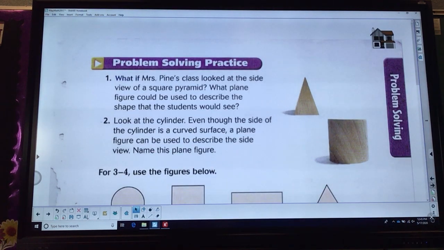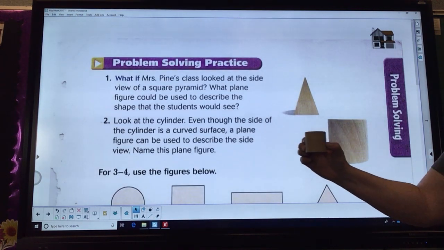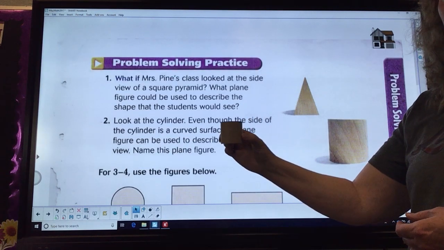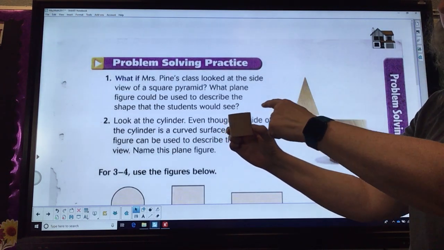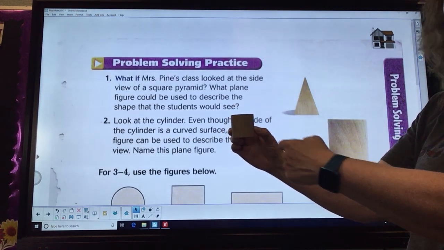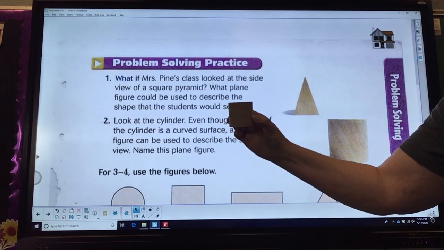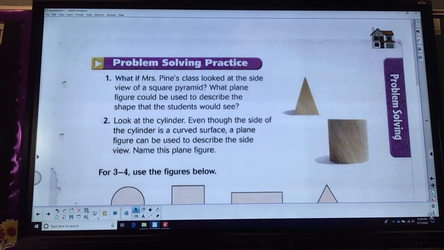Okay. Now let's take a look at our cylinder. One of the reasons that we're talking about this, it's all about point of view. If we look at that, and I keep it in the shadows there, we really only see that it's a rectangle, right?